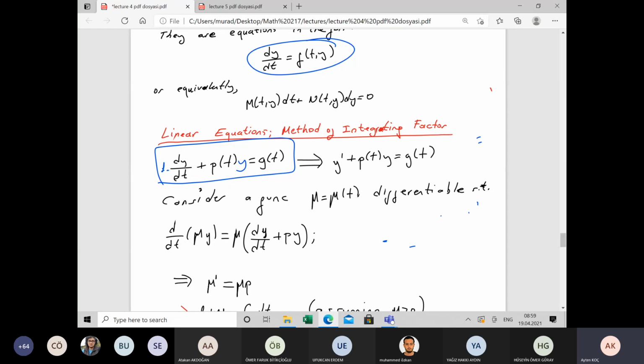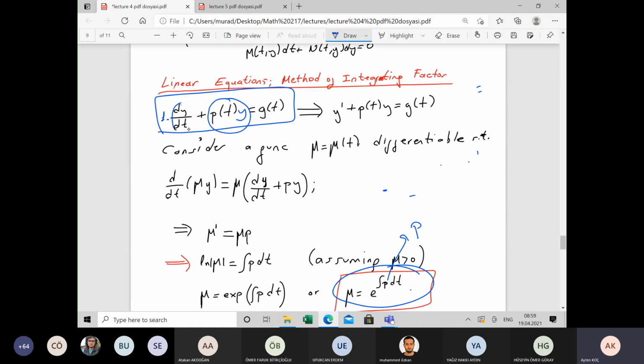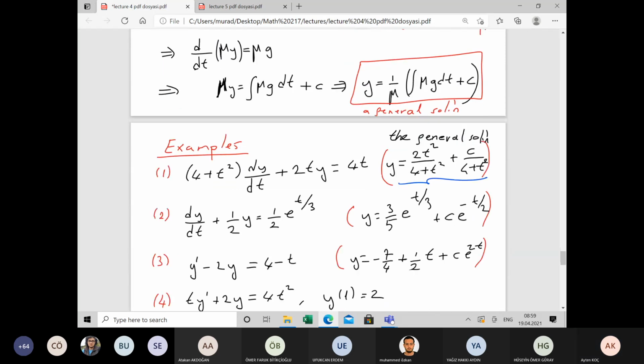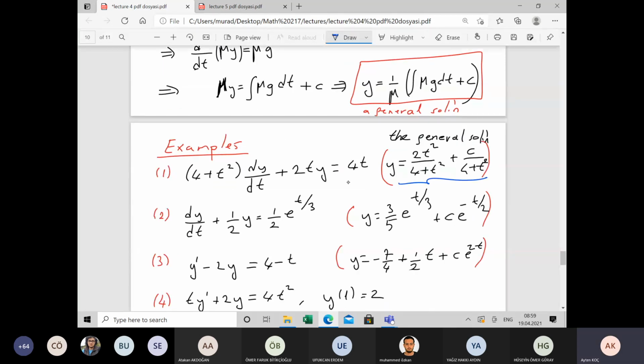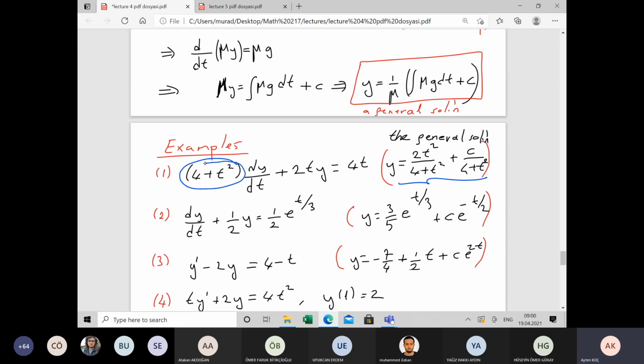What is the p here? P is the coefficient of y, but the coefficient of y prime should be 1. This form is called the standard form. This one is not in standard form, and this coefficient should be 1. So P of t is not this one.